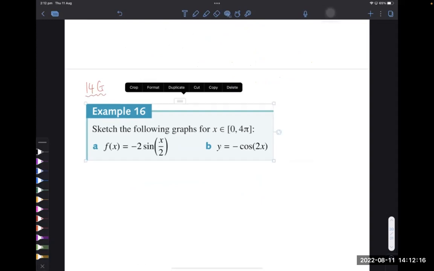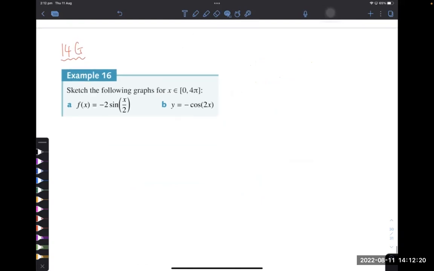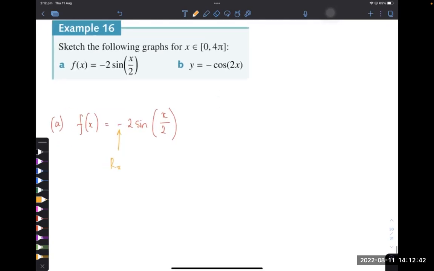14G. Got 2 questions here. Please write these down. What do we like to know about these 2 graphs? Yep, there's a reflection in the x-axis, okay.